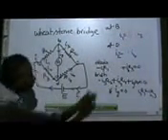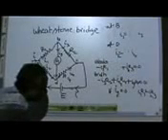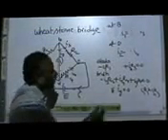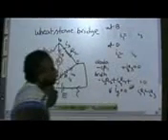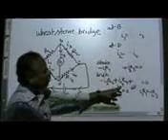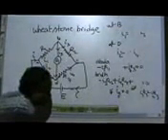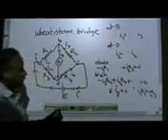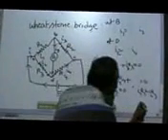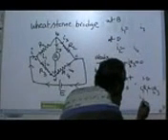Now the same thing if you do here for the last equation, Ig is equal to 0, which means that term is 0. So minus I3 R2 plus I4 R4 is equal to 0, which means I3 R2 should be equal to I4 R4. I3 R2 is equal to I4 R4.